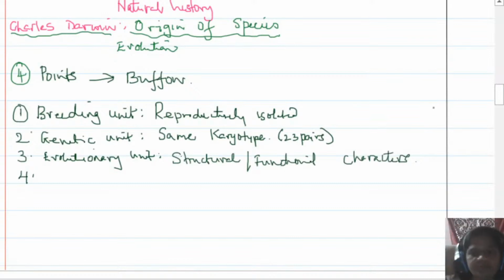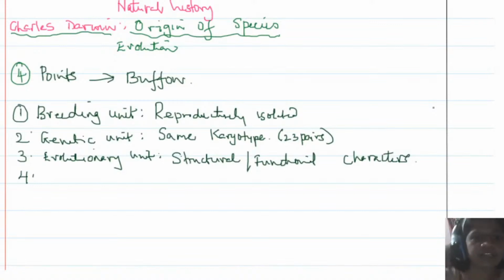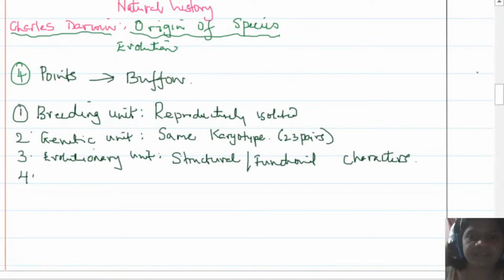Take human beings, we all have the same four limbs, and the same kind of bones in your body, right? Humerus, radio-ulna, the phalanges. The bones are the same. They have the same structural and functional characters. So he termed them as evolutionary unit.